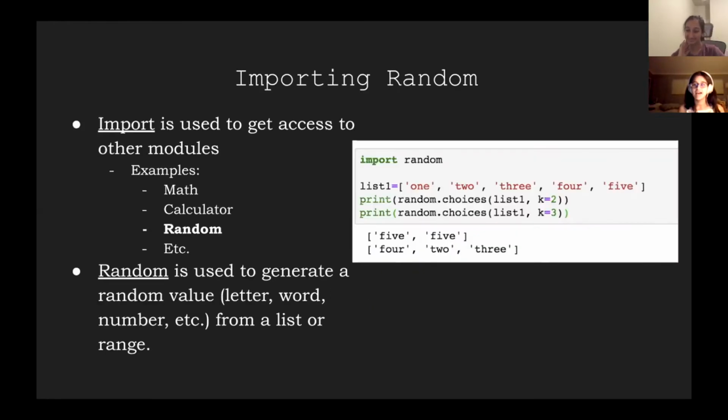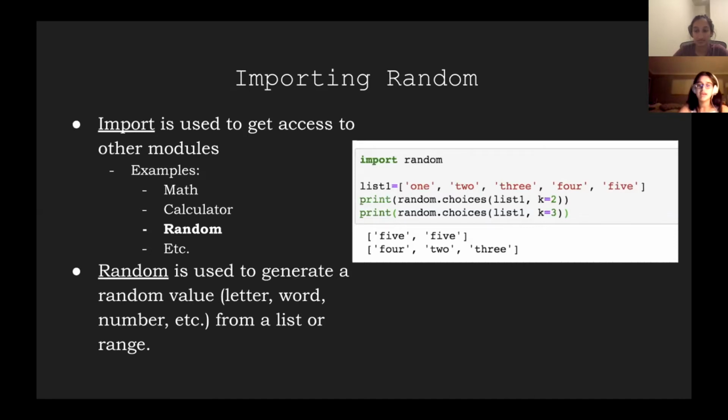The next one we have is importing random. We are able to import other modules. For example, we can import math, calculator, and random. There's basically a preset list that Python offers to utilize in different types of code. The one we're going to be focusing on today is random. Random is used to generate a random value, whether it be from a list or a certain range.